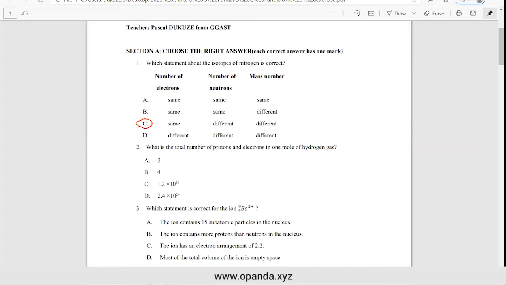So let me check if we have suggestions. For question number 2, there is no suggestion. So we are still waiting for you to give your suggestions. What do you think is the right answer? Question number 2.